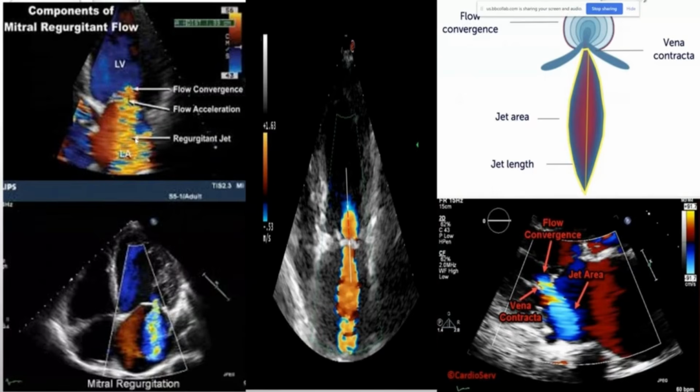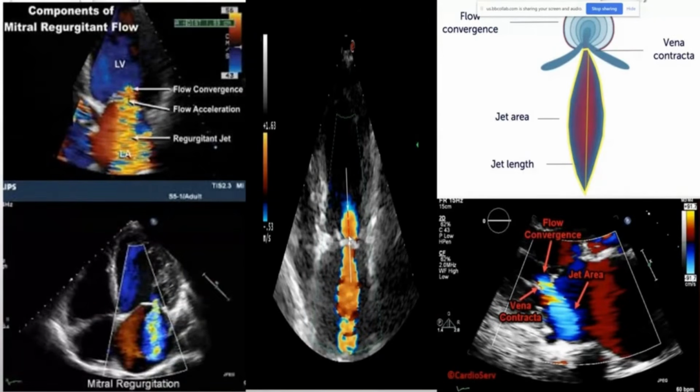So what we measure is what we call PISA, and that's what this is. We measure from here to here, and that is the Proximal Isovelocity Surface Area, or PISA, of a regurgitant jet. But we get that with color flow Doppler. So we use it to estimate valvular insufficiency, and it's based on the actual hemodynamics of flow through a small circular orifice.